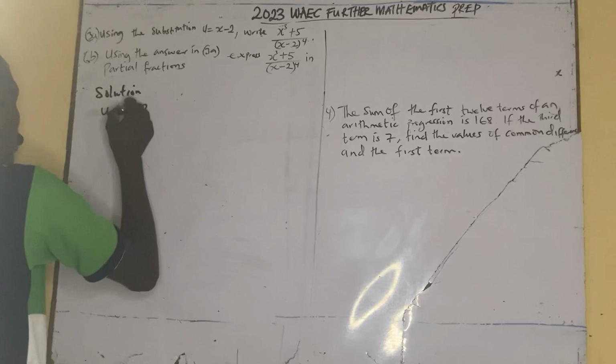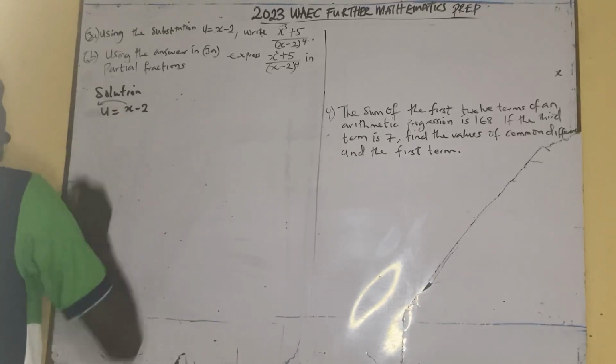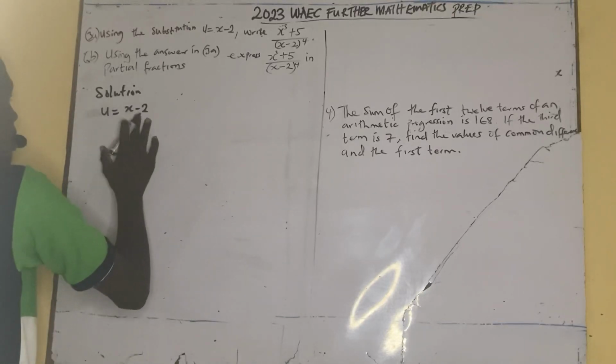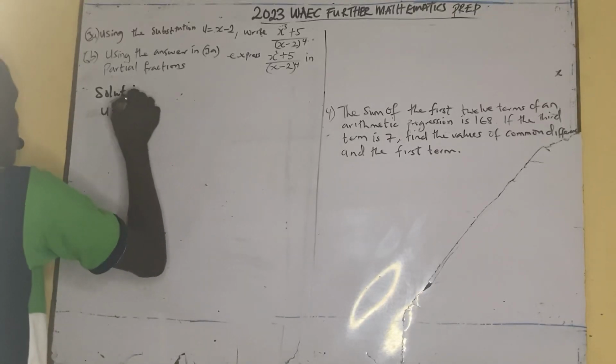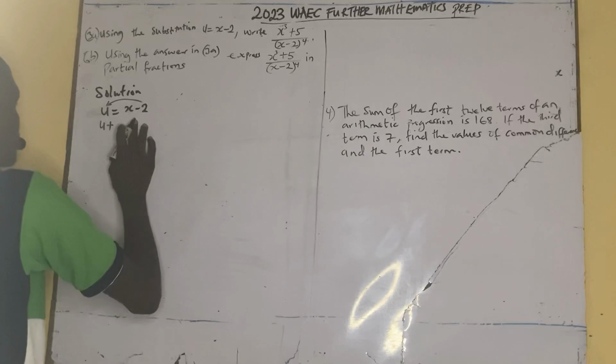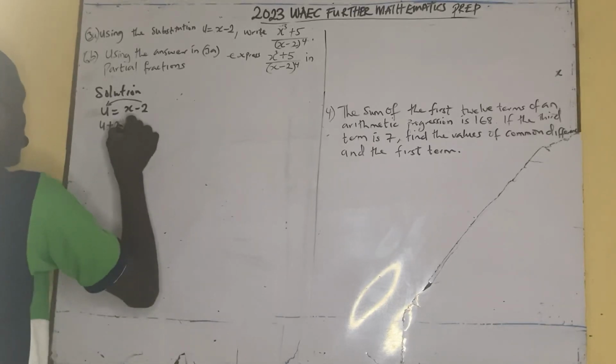I will bring 2 to the other side to make x stand on its own. So we have u plus 2 equal to x.